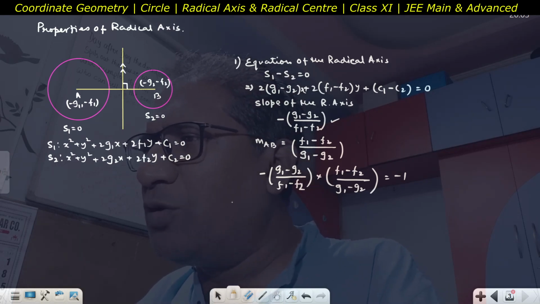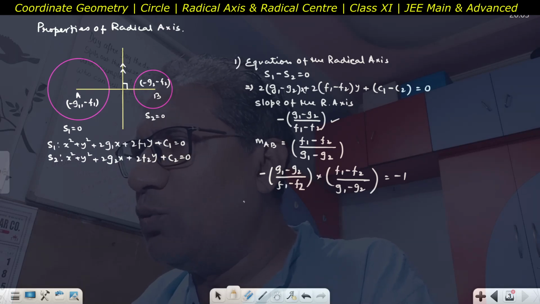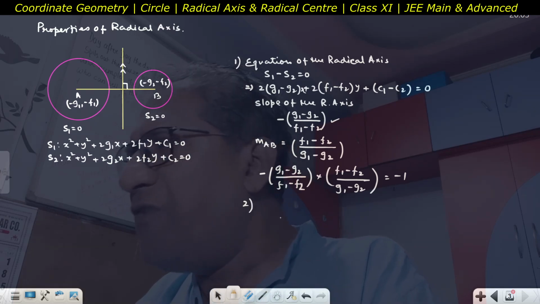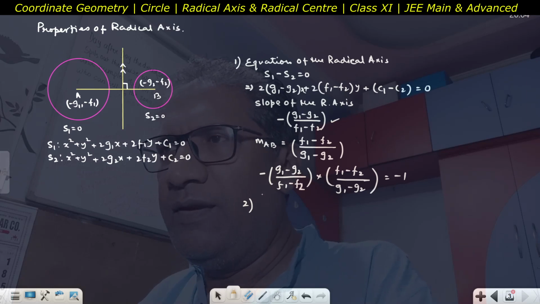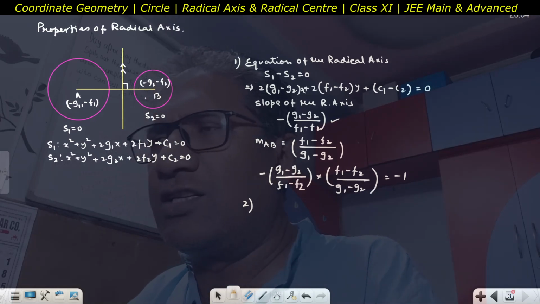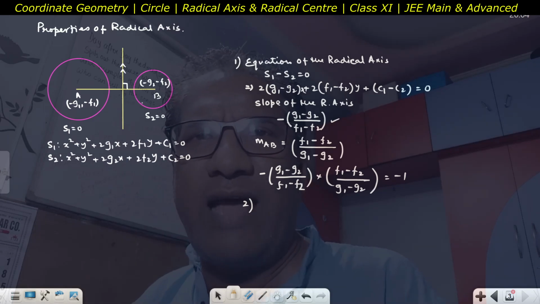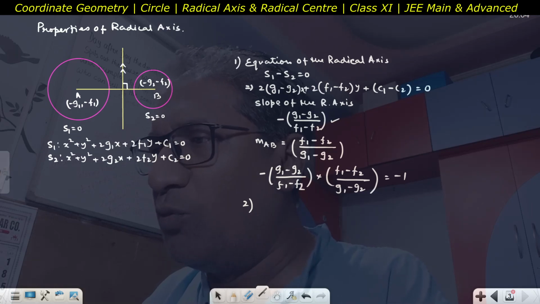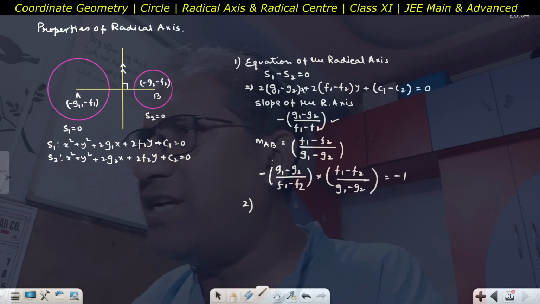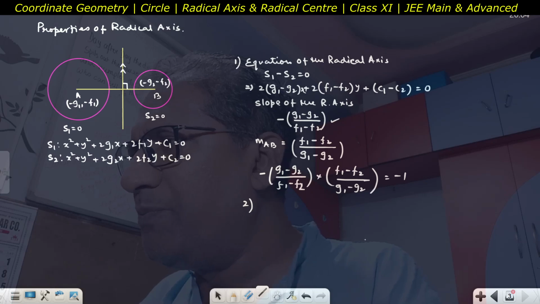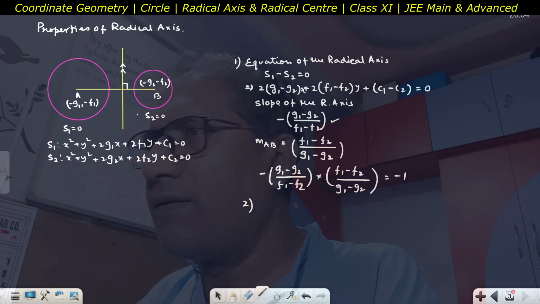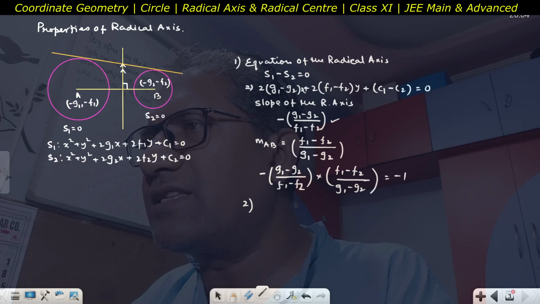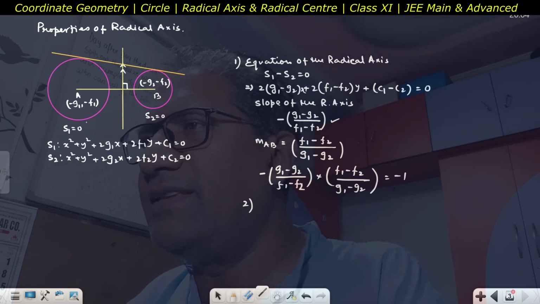Okay, let us come to the next property, number 2. If you draw tangents to these circles, whether it is a direct common tangent or a transverse common tangent, whatever common tangent you draw. Let me just draw this one. Let us say this is my direct common tangent and let us say this is my transverse common tangent, right?